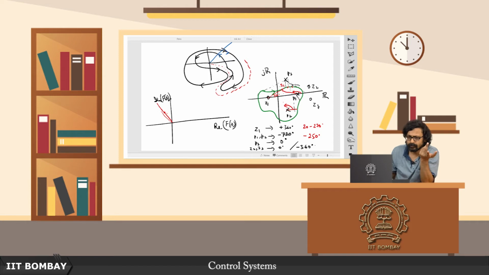You see, the number 1 is basically the difference between the number of poles and the number of zeros inside the contour, and here is where we have this interesting and important result on which the entire principle of Nyquist criteria hinges. What does it say?